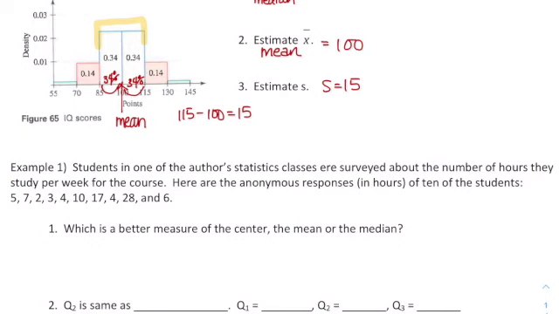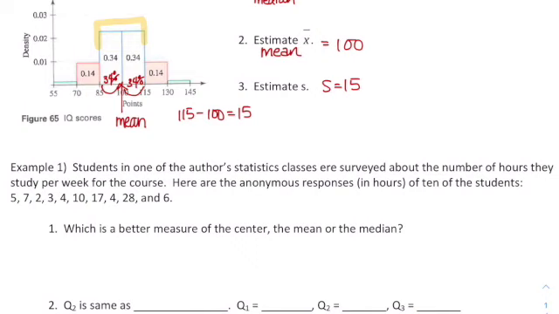Example 1. Students in one of the Arthur statistics classes are surveyed about the number of hours they study per week for the course. Here are the anonymous responses in hours of 10 of the students. Okay, those are the hours they studied.